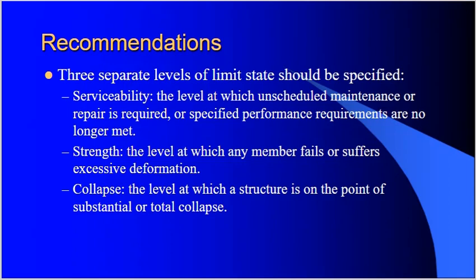Then what we currently call the ultimate limit state, we're really looking at strength, so we still need to ensure that no individual cross-section or member should fail or suffer excessive deformation under very high loads. But then we should also look at more extreme conditions, look at the levels of loading at which a structure is on the point of substantial or total collapse, and ensure that doesn't happen even if the risk is very low.